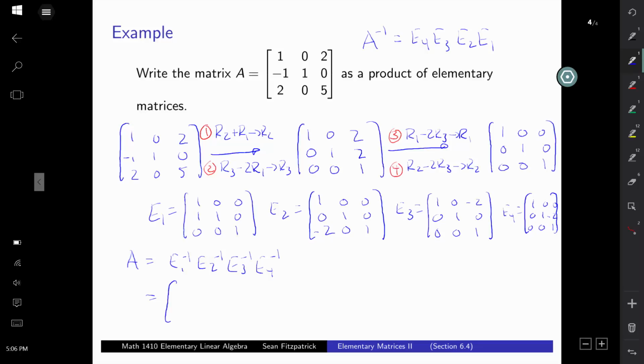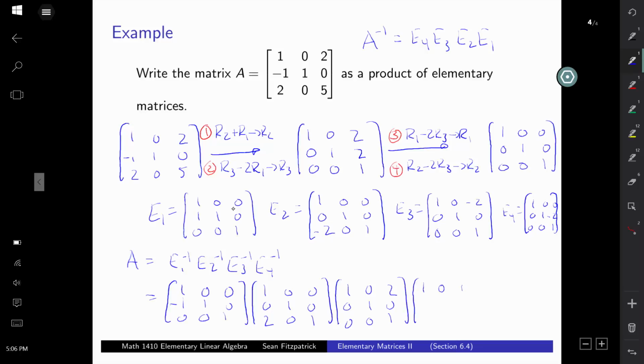So the inverse of E1, instead of that plus 1, I need a minus 1. The inverse of E2, instead of that minus 2, I need a plus 2. The inverse of E3, that minus 2 becomes a plus 2. Inverse of E4, again that minus 2 becomes a plus 2.